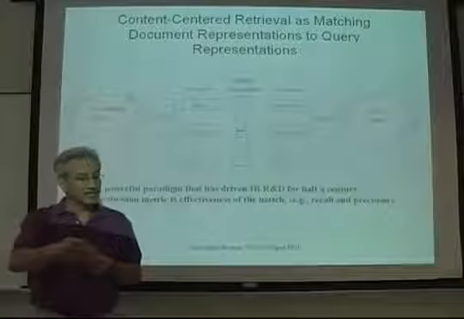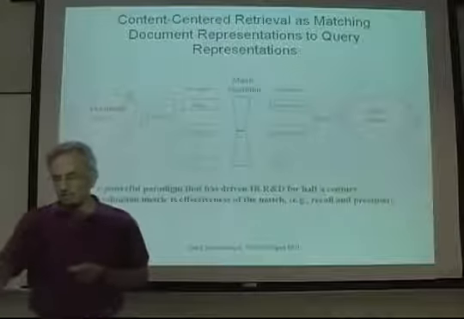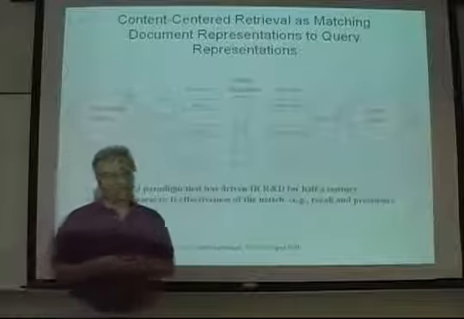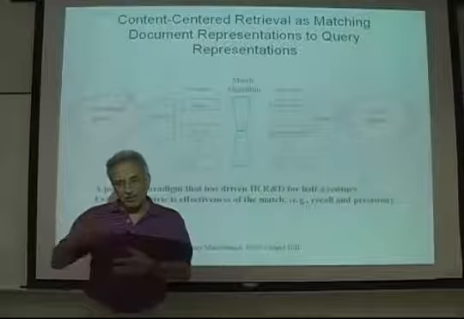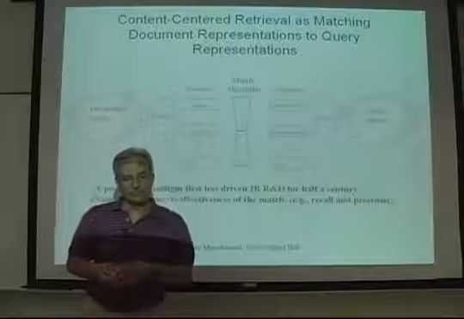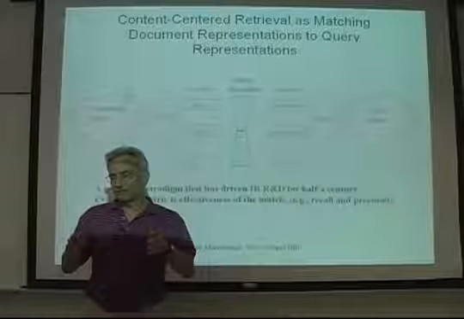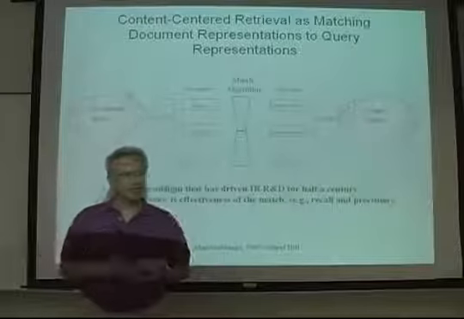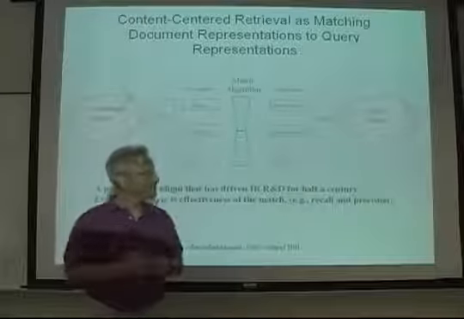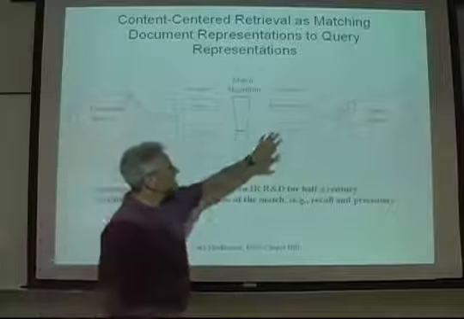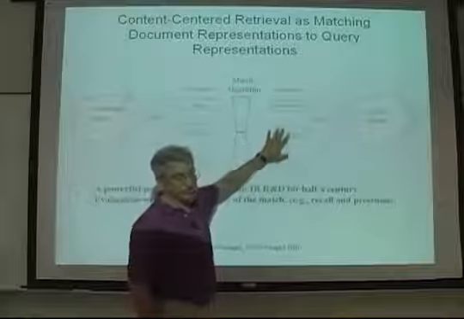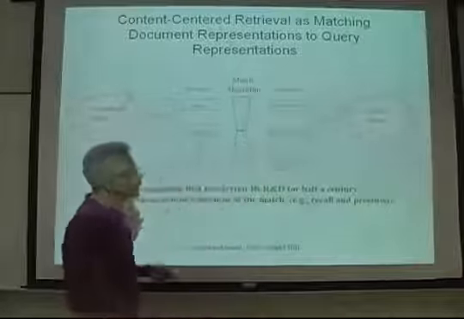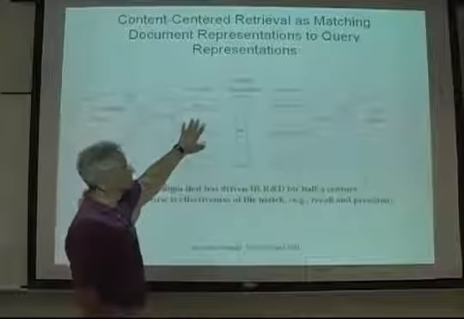If it happens to be a database, it might be through an SQL type query. If it happens to be in a dialog search, it might be through some sort of very specific query format. In the case of, say, a Google search or a live search or a Yahoo search, it can be just plain text.